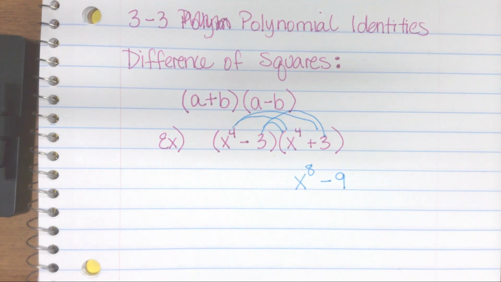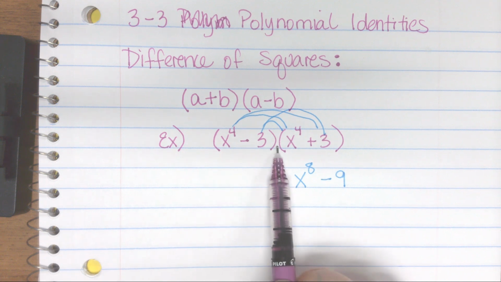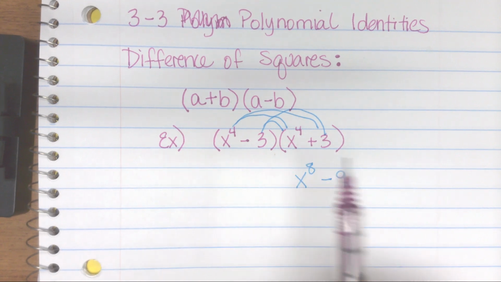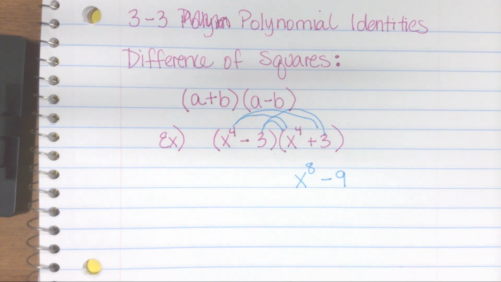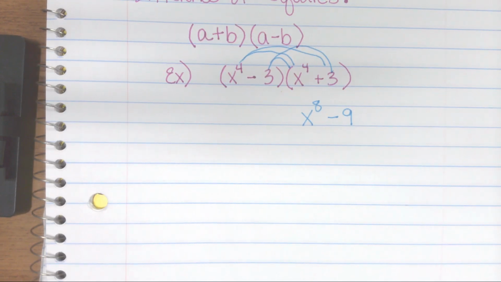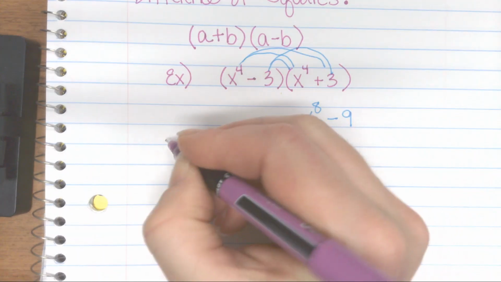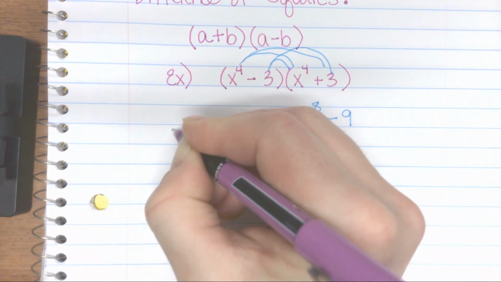So I want you to recognize it both forwards and backwards. Forwards is multiplication. How do we go backwards with polynomials? Starts with an F. Don't remember.